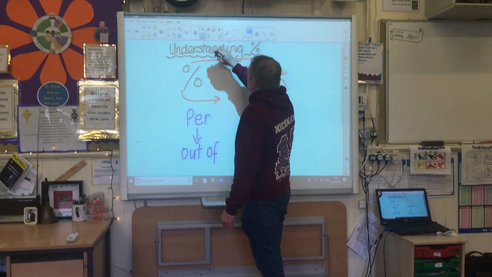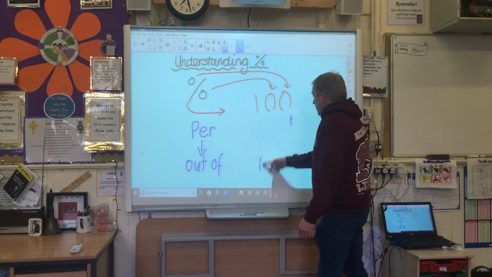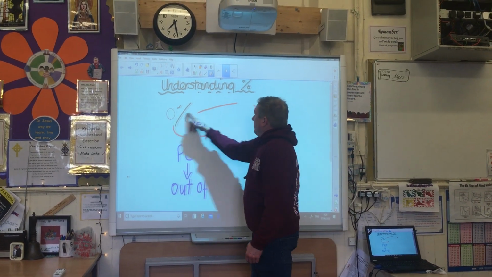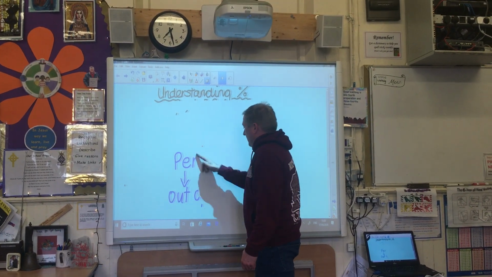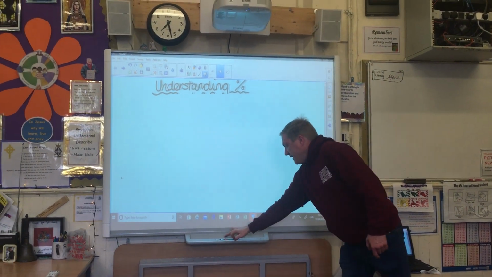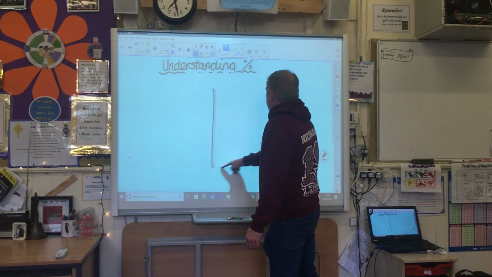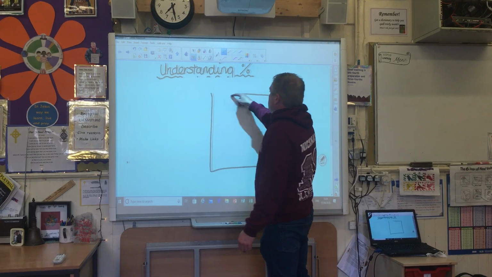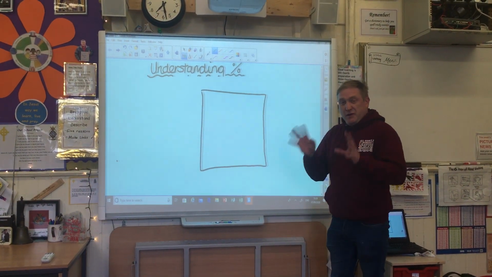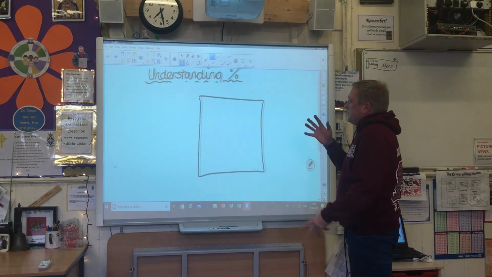Okay, so if I get a rubber and we rub this out, let's move on. Right, so let's just think about a 100 square. In this square I have 100 pieces, and I need to think, what would that be in percent?